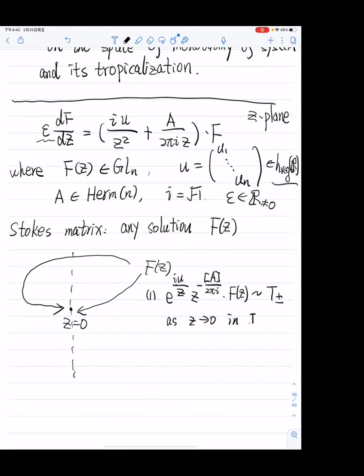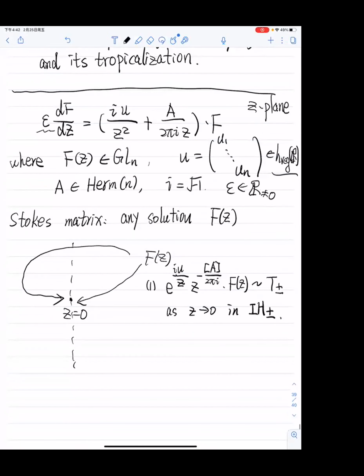I use IH to denote the half planes. IH plus means the right one, minus means the left half plane.